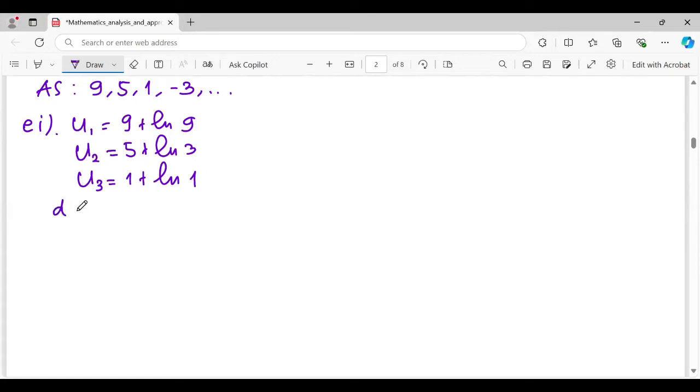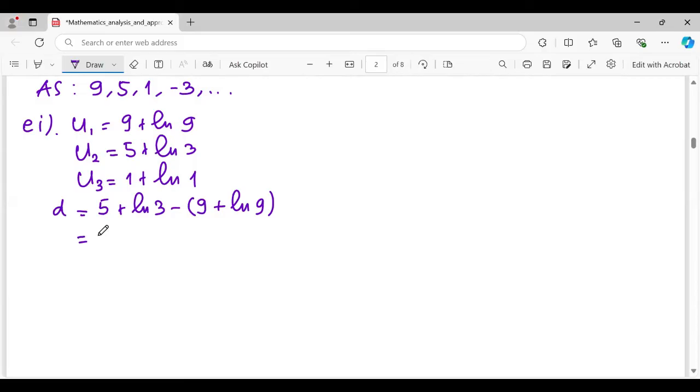So the common difference equals the second term minus the first term, 5 plus ln 3 minus 9 plus ln 9.